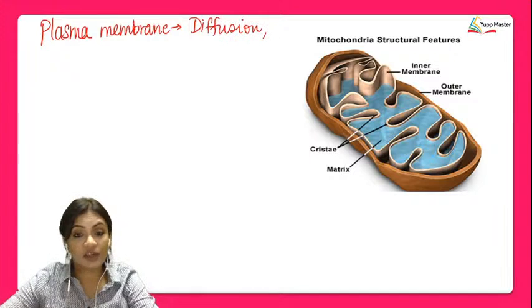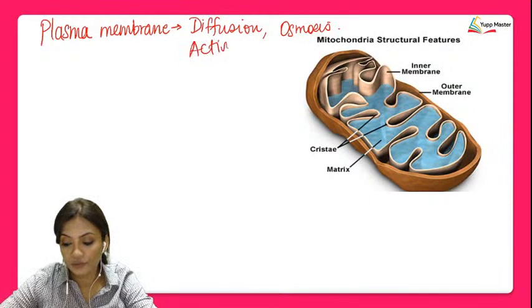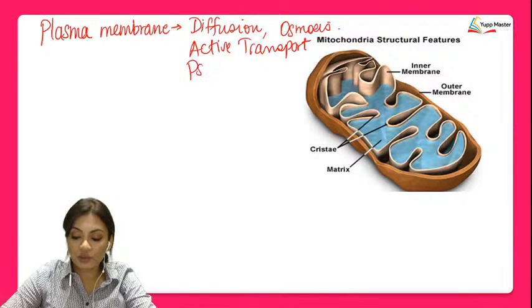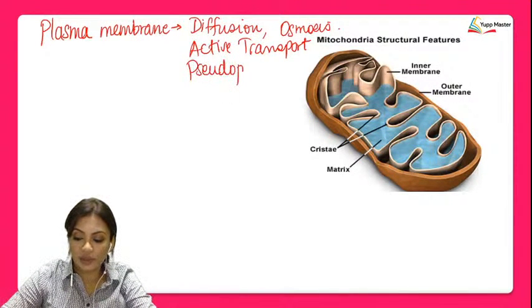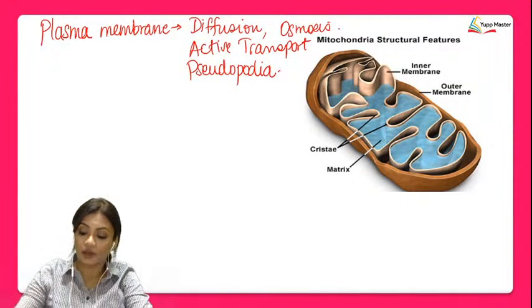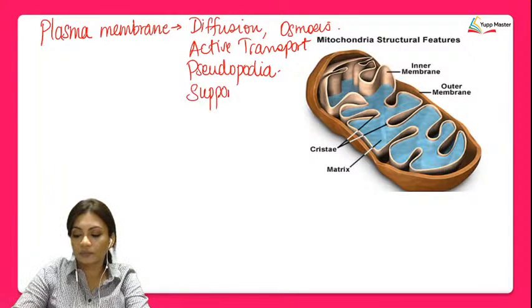Next function, osmosis. Third function, active transport. Then it behaved as pseudopodia, for unicellular organisms. Then we also saw that the plasma membrane was giving support and shape.